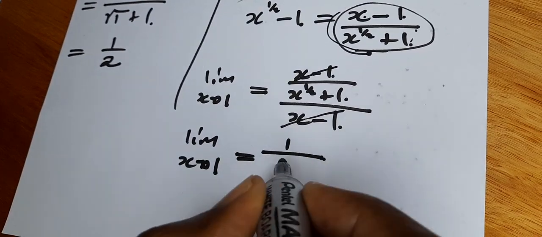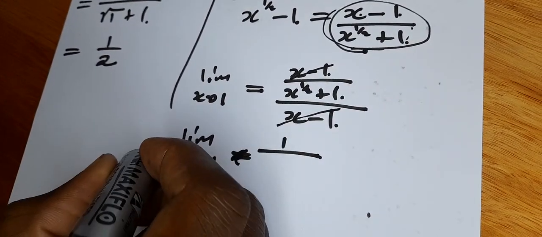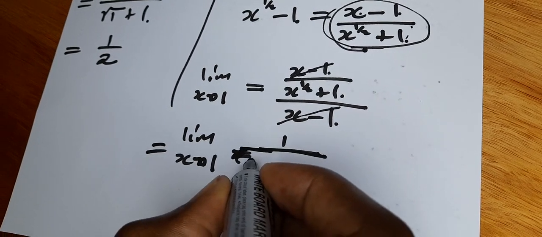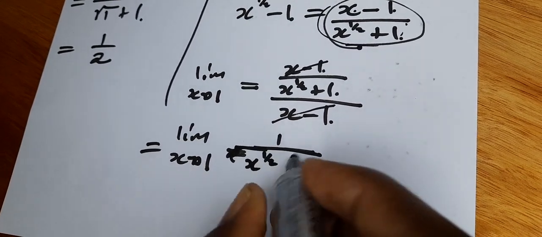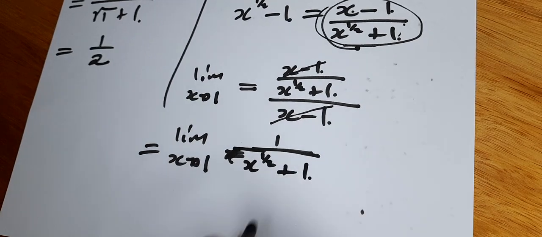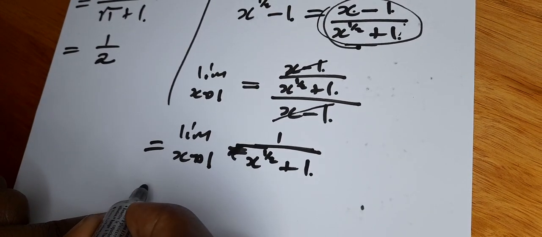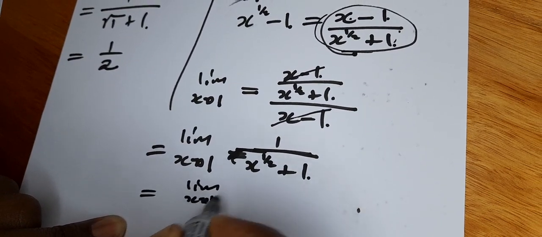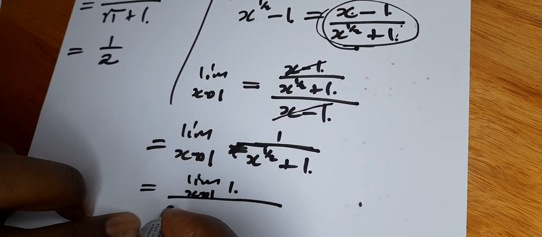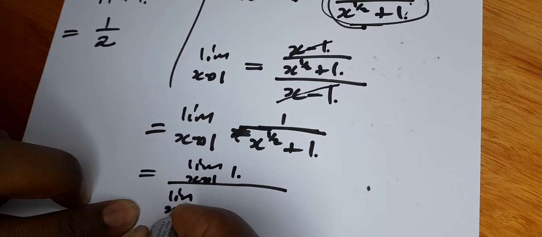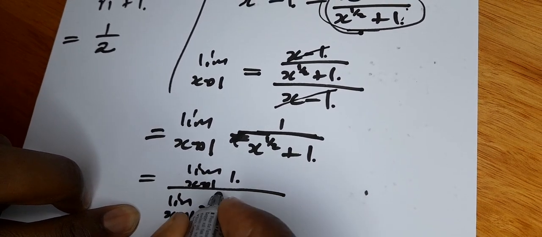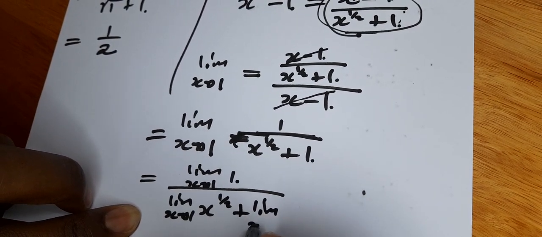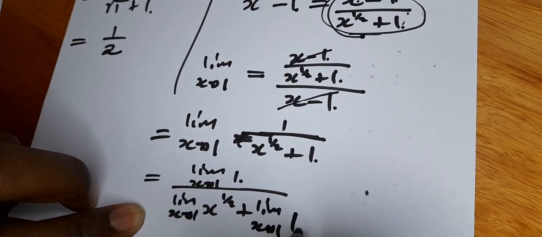Then now we have the limit when x approaches 1 is equal to 1 all over x to the 1 over 2, and then plus 1. Then now we distribute our limit. This is equal to the limit when x approaches 1 of 1, all over the limit when x approaches 1 of x to the 1 over 2, plus the limit when x approaches 1 of 1.